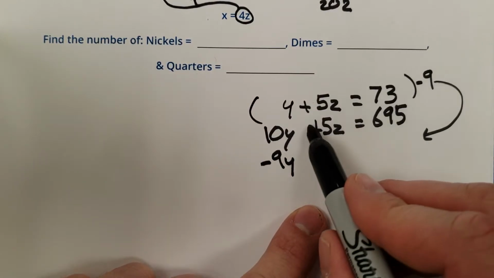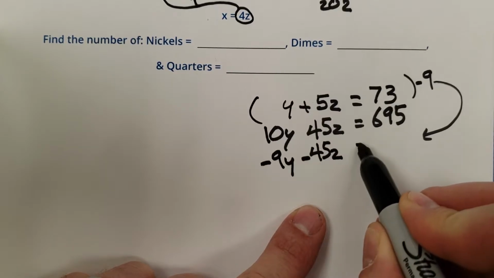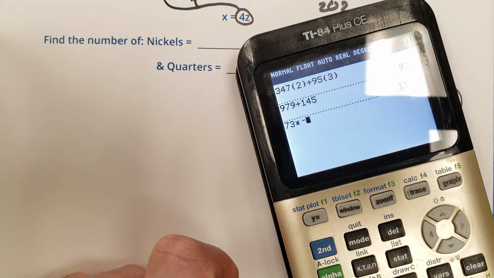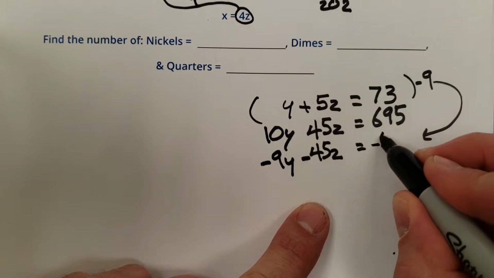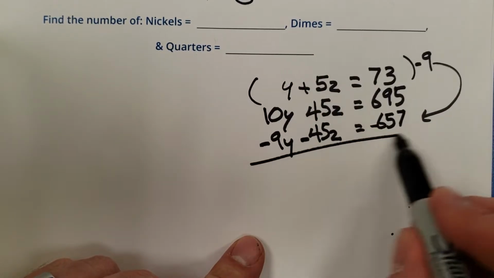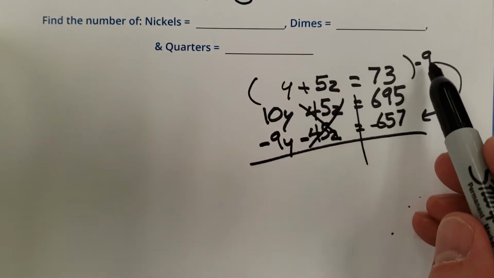You should know why. And then a -45z, and then we have a 73 times a -9. There we go. -657. Okay, cool. So let's take a look here. Opposites, gone. Now, why did I use the -9?